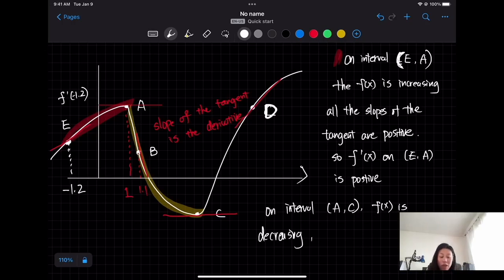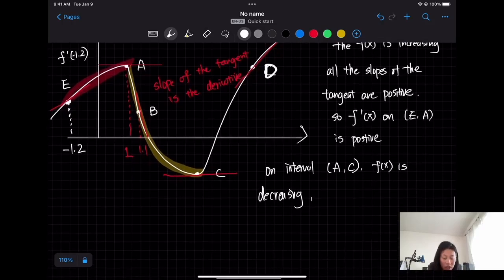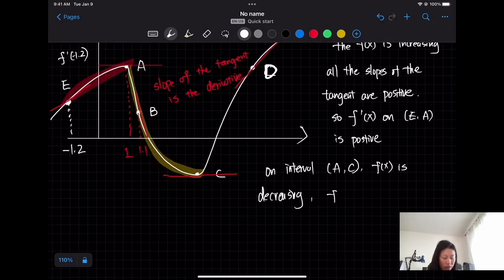So all the slopes in this interval are going to be negative, right? So we can say f prime of x on the interval A to C is negative. Similarly, from C to D, the derivative is going to be positive.